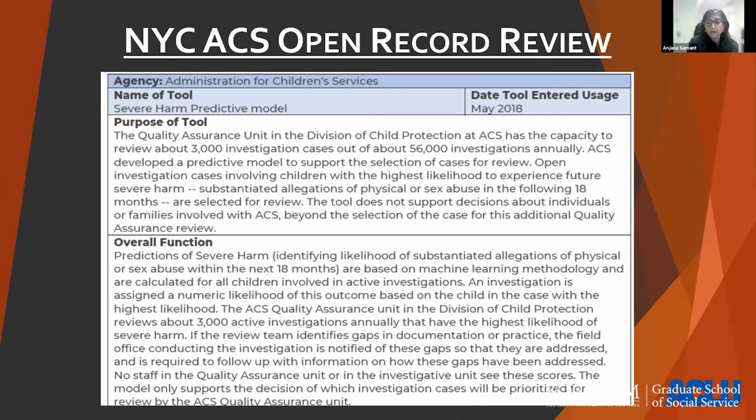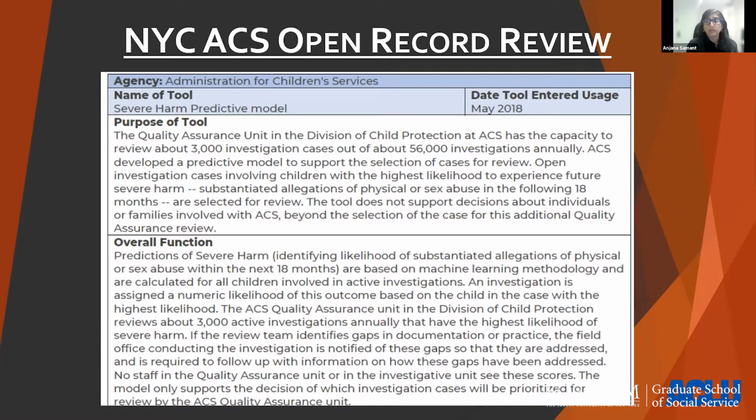Then there's the LA County model, which I admit I know less about. It's slightly different. After a call is screened in for investigation, the tool is used at that point. And if it finds that the report falls beyond a certain degree of risk, and in terms of risk of what, I know that one of the risk metrics that they use is placement in foster care.